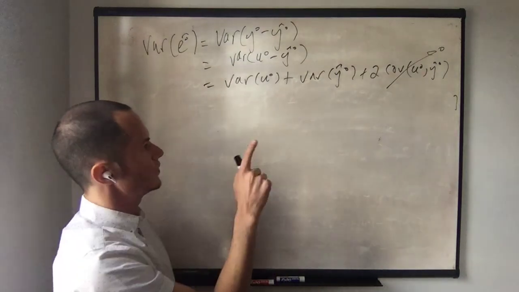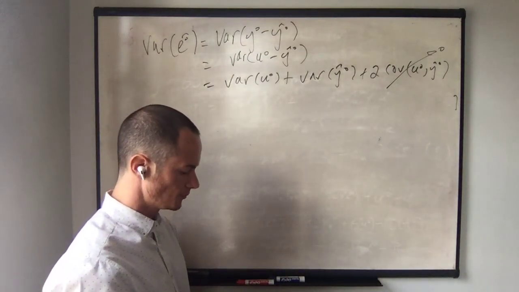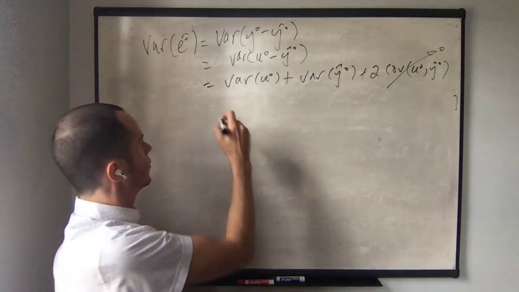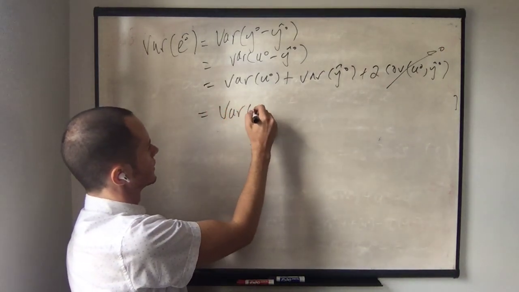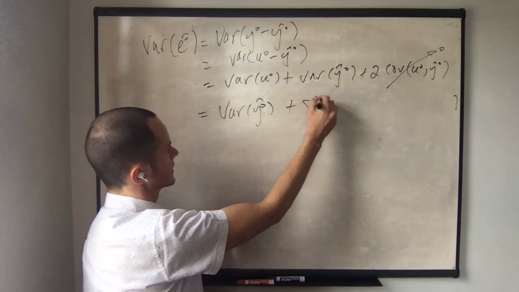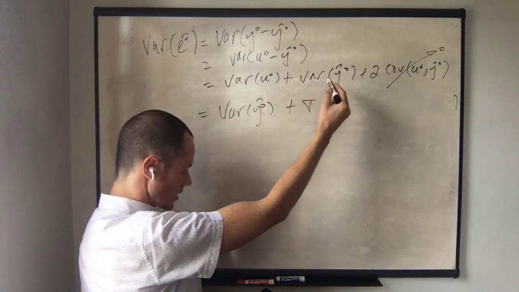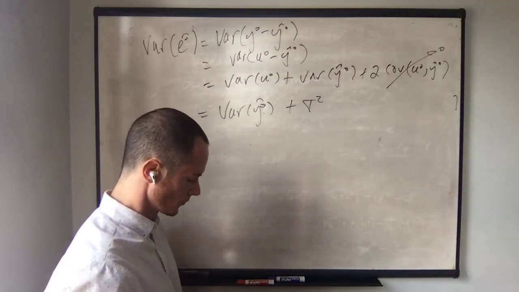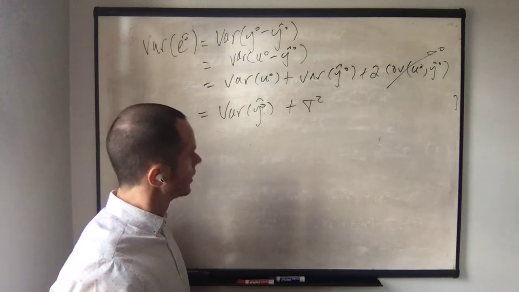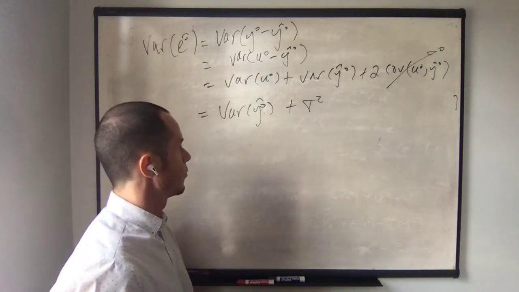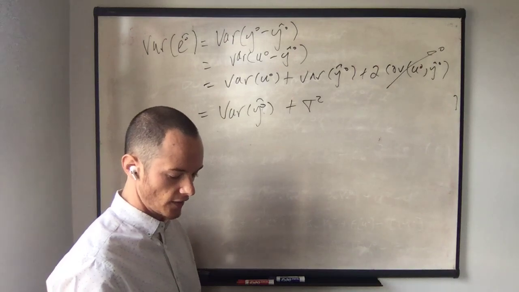So we're left with variance of u plus variance of y hat, which is equal to variance of y0 hat plus sigma squared, because that's the variance of u. And we can estimate the variance of y0 hat in the usual way.